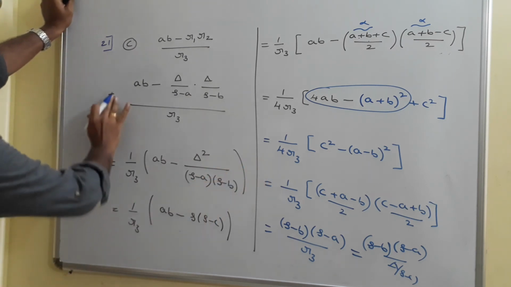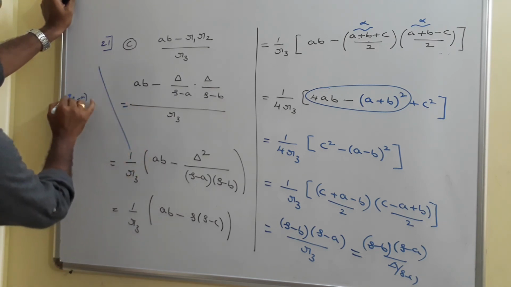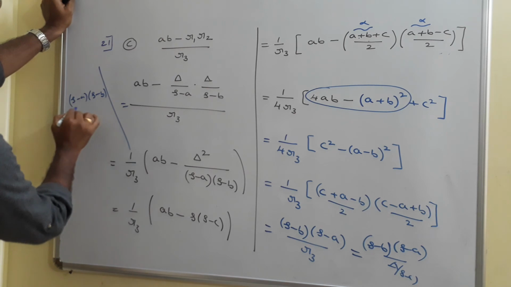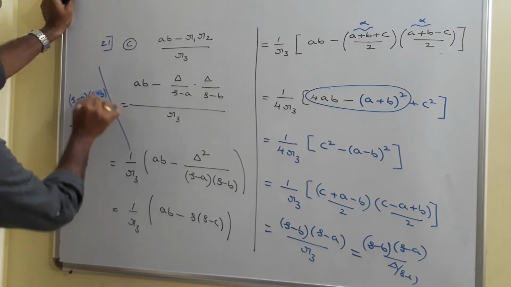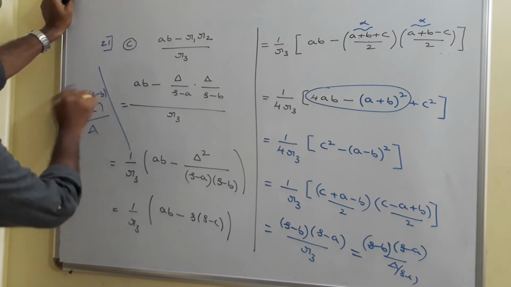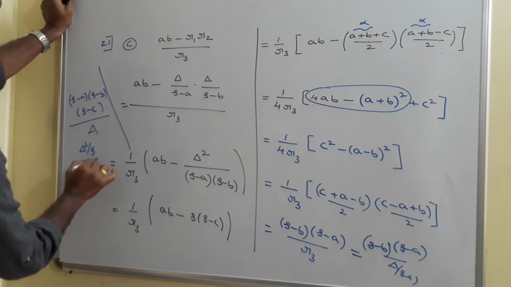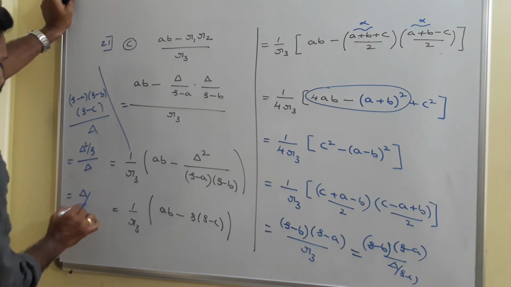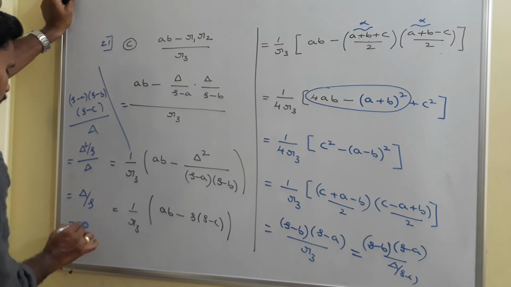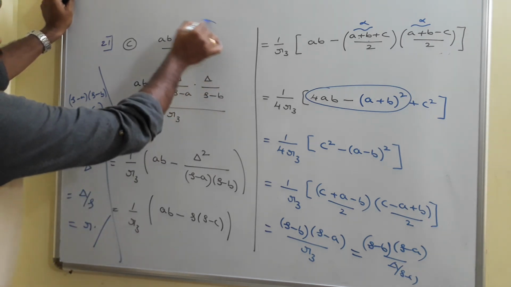The next step: S minus A into S minus B into S minus C divided by delta, and this S minus A into S minus B into S minus C is simply delta square by S, and that is divided by delta. One delta gets cancelled, you are left with delta by S, and delta by S is simply nothing but r. So at the end we have that this value is r.